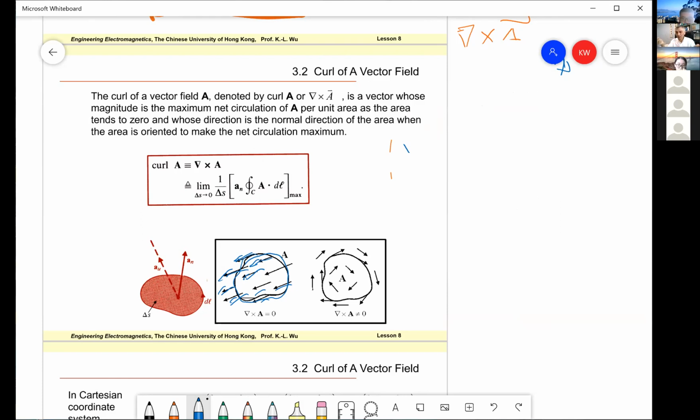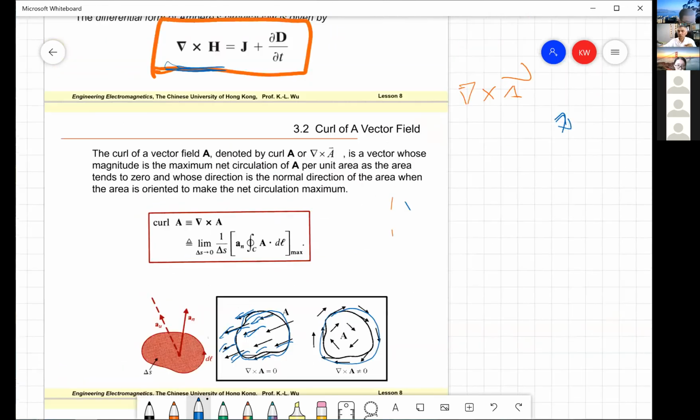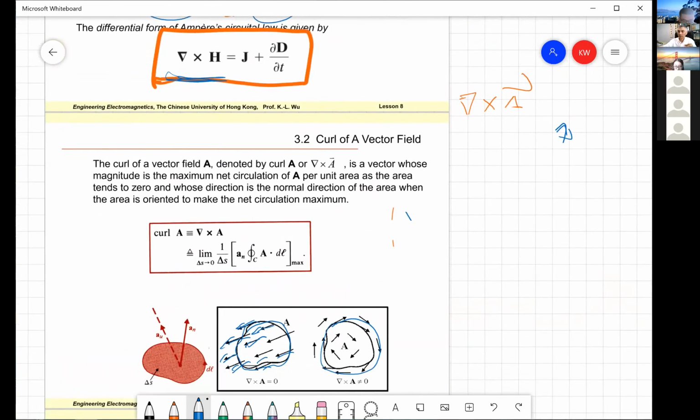But for a magnetic field, because you don't have an ending of the field line, the circulation is not equal to zero. So for some fields the circulation is zero, for some it is not.